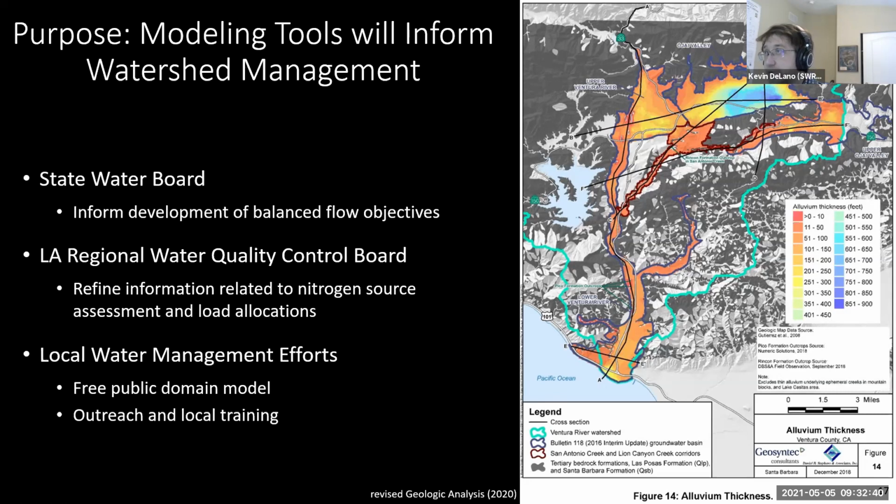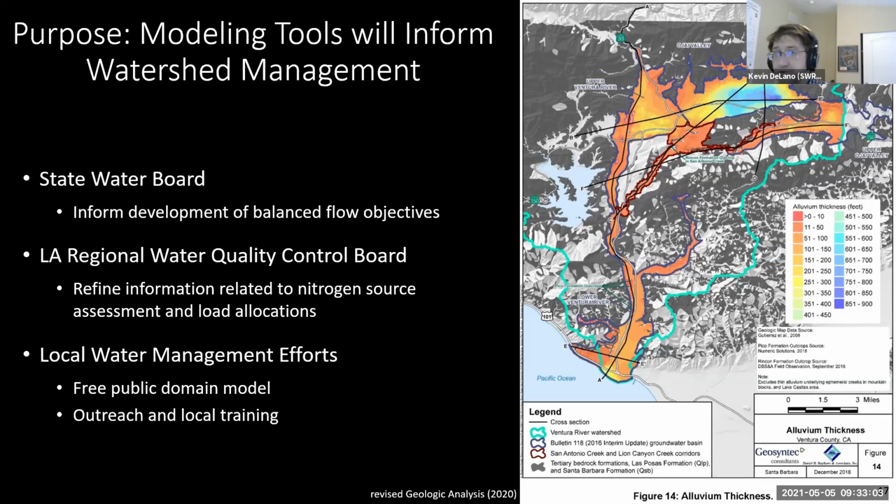And that is our goal. We do want local solutions here in this watershed. So to that end, for the surface water groundwater model, we selected a modeling platform called GSFLOW, which complies with SGMA. It's a free public domain modeling software that is maintained by the US Geological Survey and regularly updated and fixed.